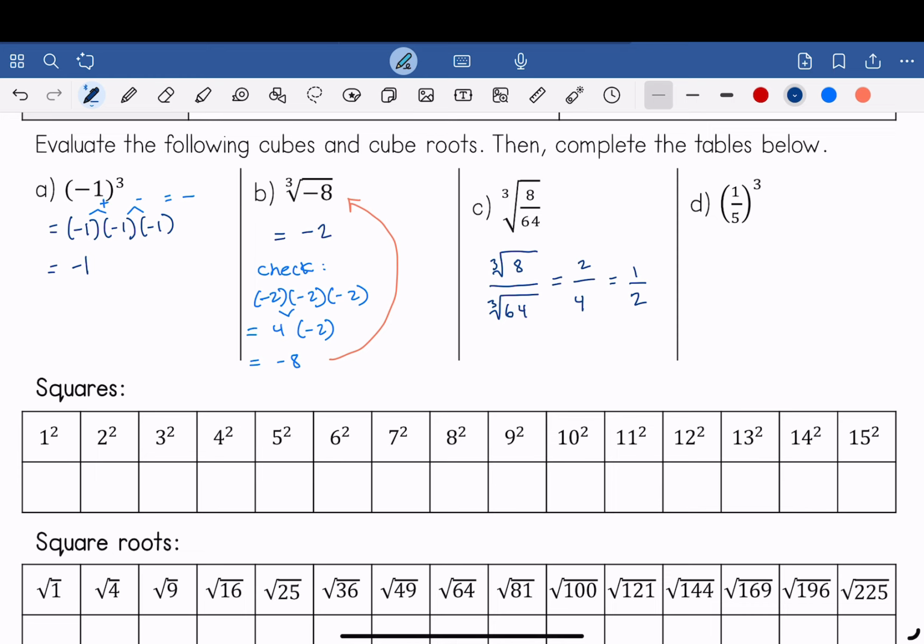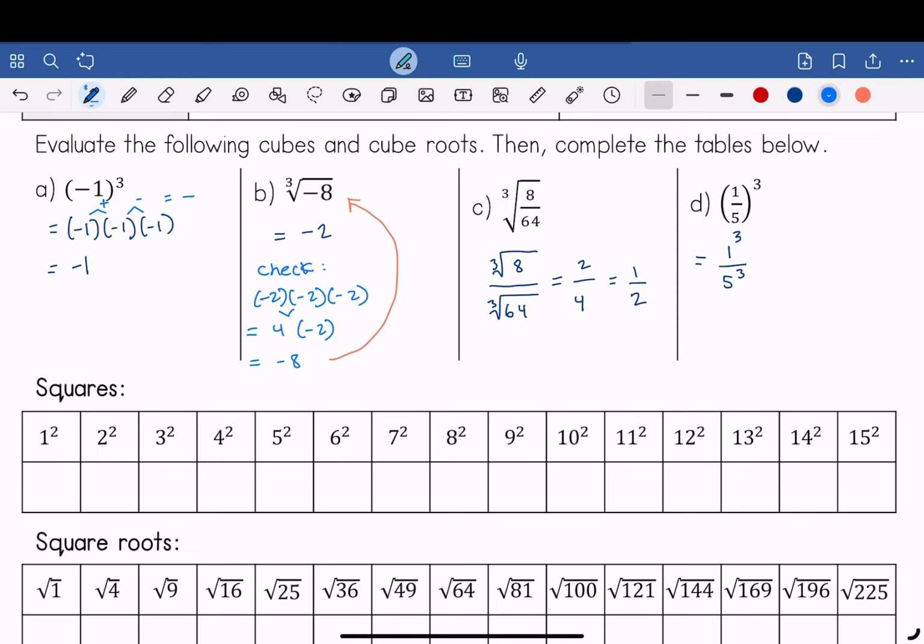D, what is 1 over 5 cubed? So that is equal to 1 to the power of 3 over 5 to the power of 3.